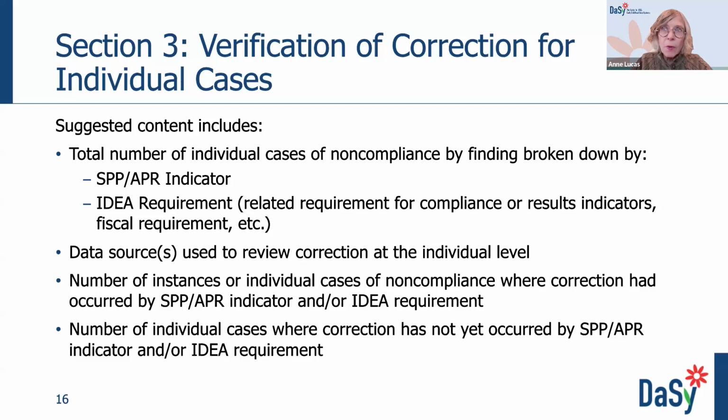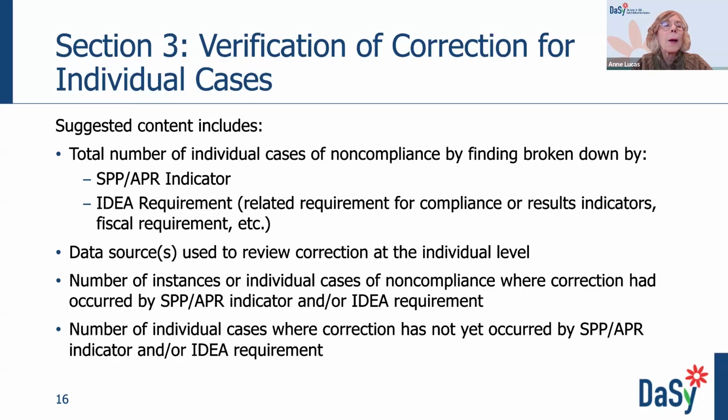Similar to what we talked about for the systemic level correction, what we suggest is that you also report the total number of individual cases of noncompliance by finding, broken down by the SPP APR indicator and those IDEA related requirements associated with the indicator, or if you're reporting in optional data, then by the results indicator, their related requirements, fiscal or whatever.